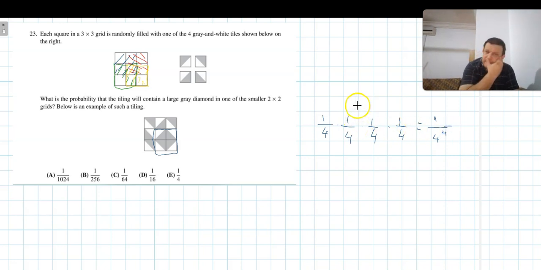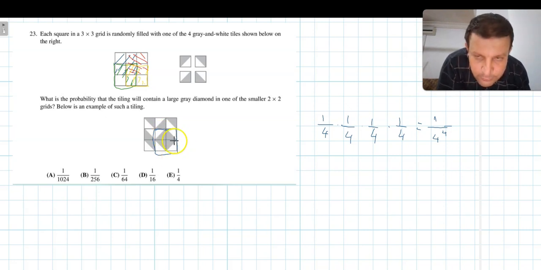As I said, we need to multiply this probability by 4 because we have a similar probability here, here, here, and then here.